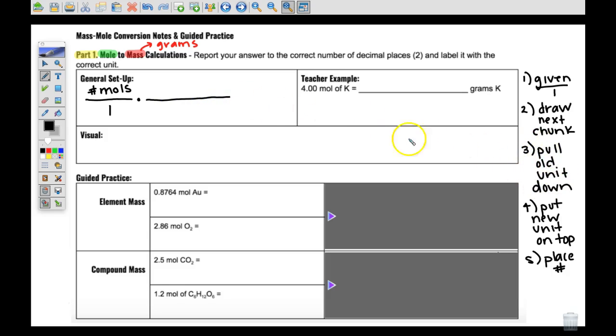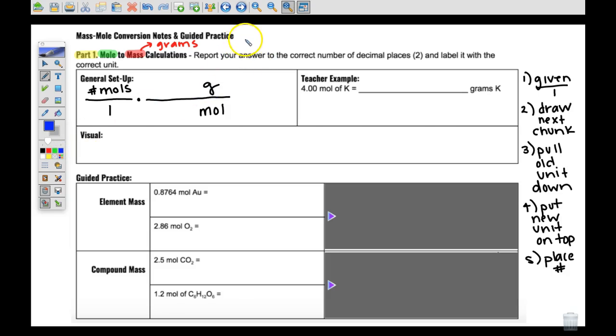My third step is to pull my old unit down, so I'll be taking moles and moving it over and down. And then my new unit goes on top. So because I'm converting to mass, I have to remember to use the unit of grams. And my last step is to place my numbers, which means I have to look at a conversion factor.